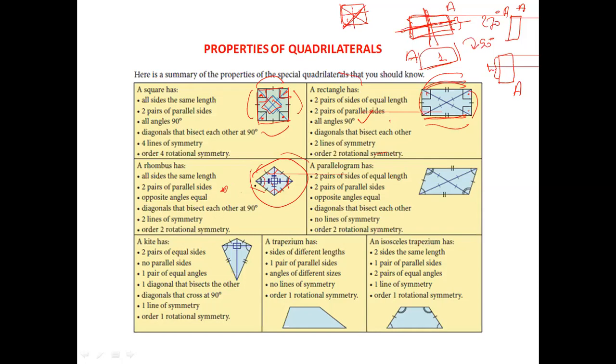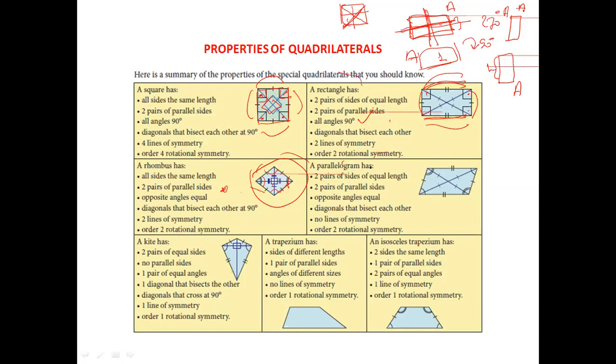Two lines of symmetry, horizontally and vertically. Order 2 rotational symmetry. When you turn it 180 degrees, you get the same shape. And when you rotate it 360 degrees, you get the same shape, rhombus.